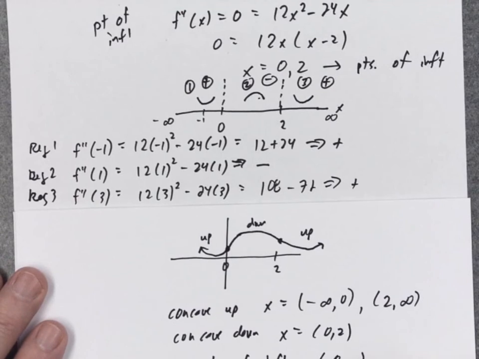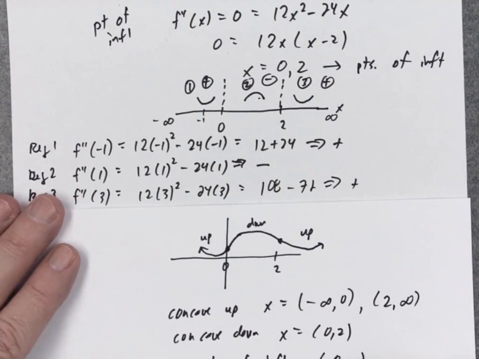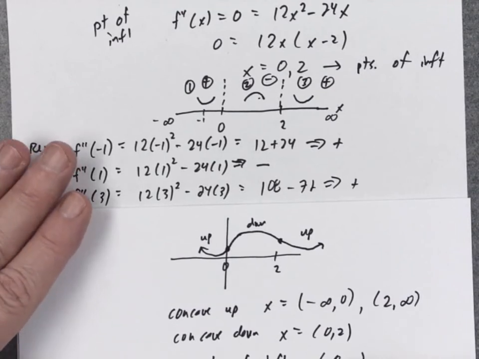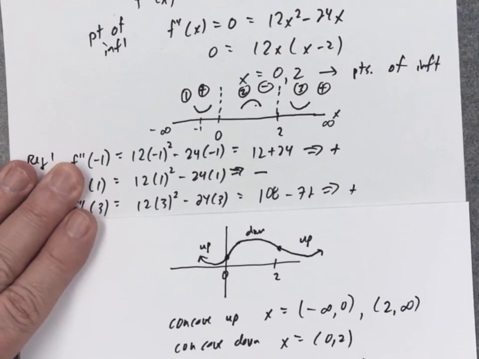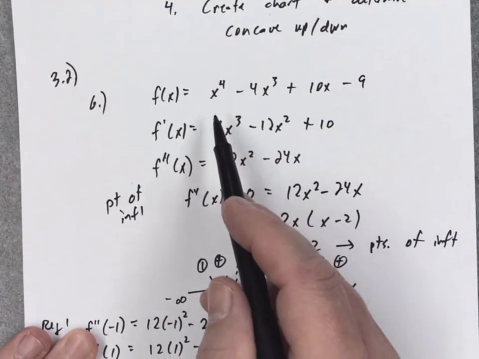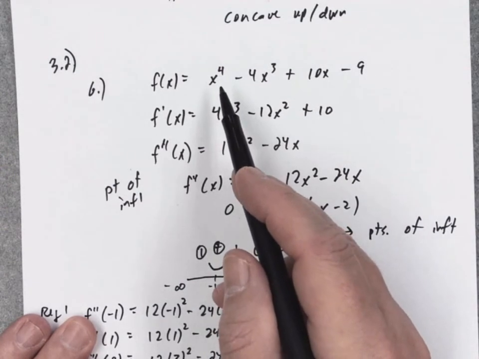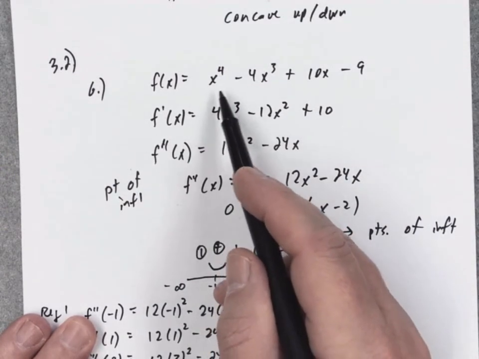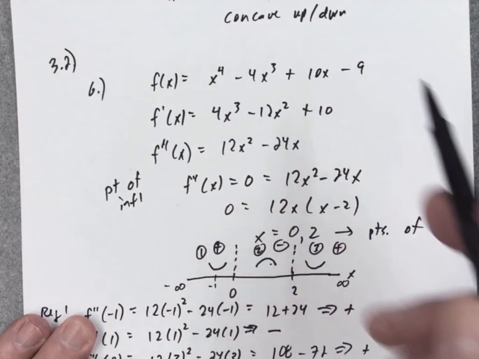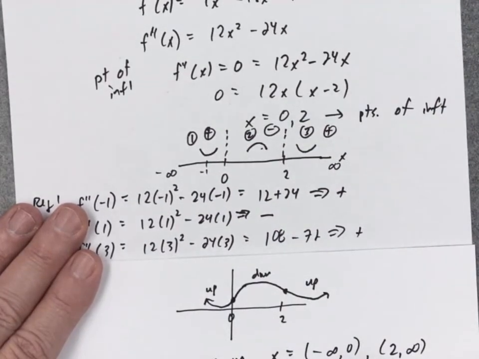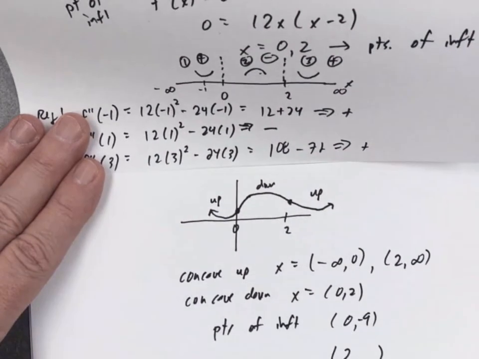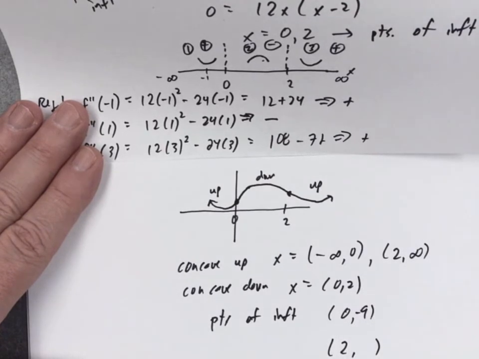I use the original function to find the y. You go way back to the original function, which is this here. Now this one's pretty easy. When I plug in 0 for x, this is 0, 0, 0. I'm left with negative 9. That was pretty simple. So I know one point of inflection is 0, negative 9.